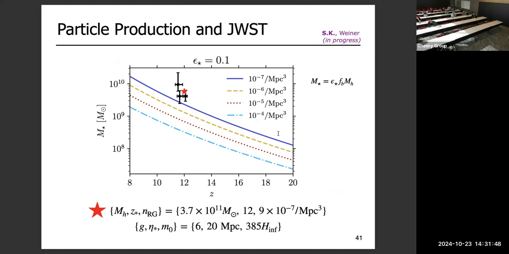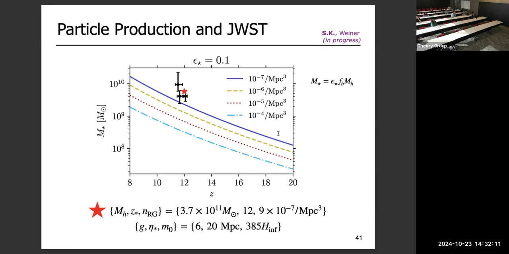And here, just to illustrate one potential data point, I'm drawing the same figure as before. Again, these lines are from the lambda CDM halo mass functions. Again, this is the star formation rate. And these are the observation points I was showing in the previous slide. So the star here corresponds to one benchmark point.